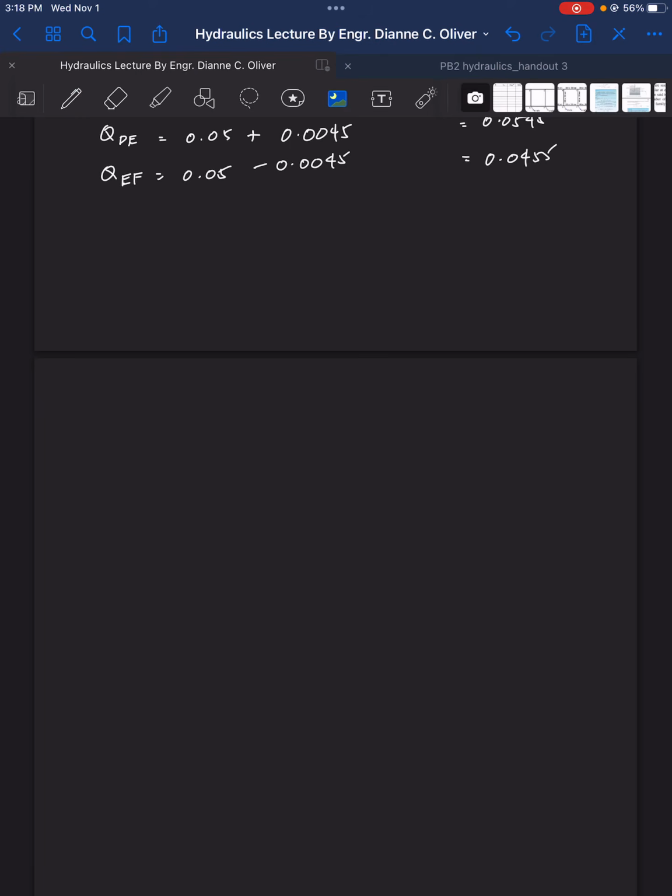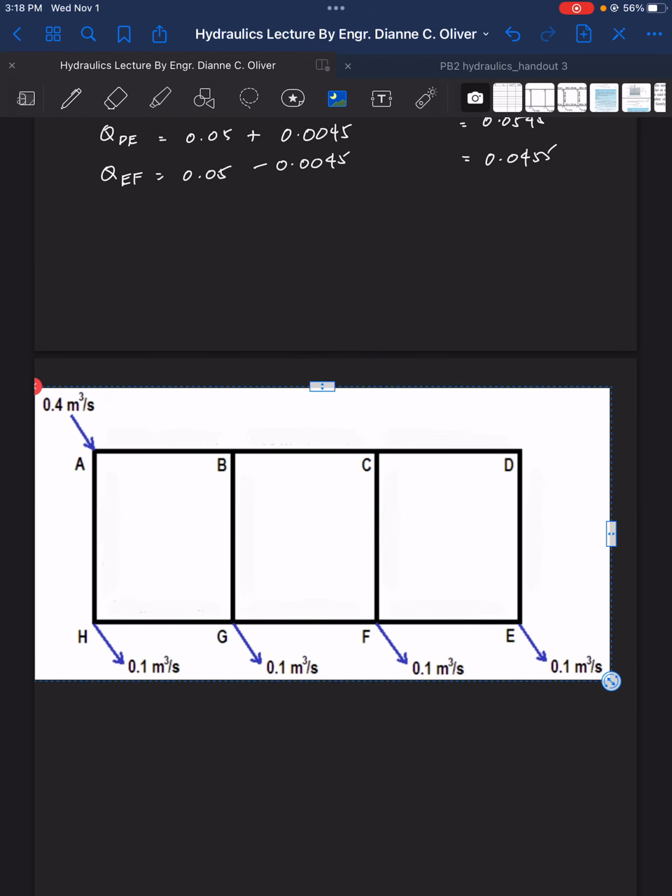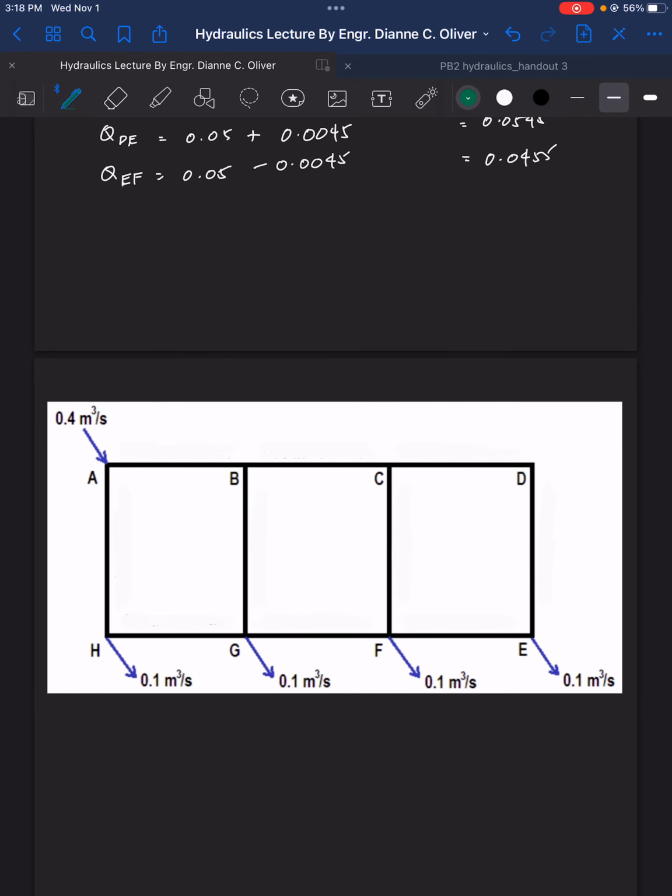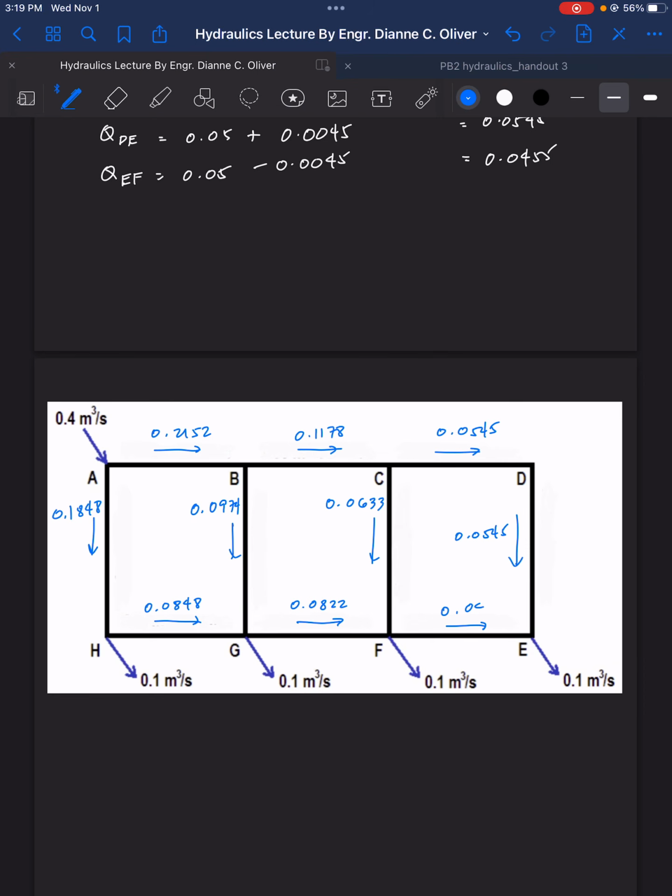Now for checking. So this is our flow: 0.2152, 0.1848, 0.0974, 0.0848, 0.1178, 0.0633, 0.0822, 0.0545, 0.0545, 0.0455.